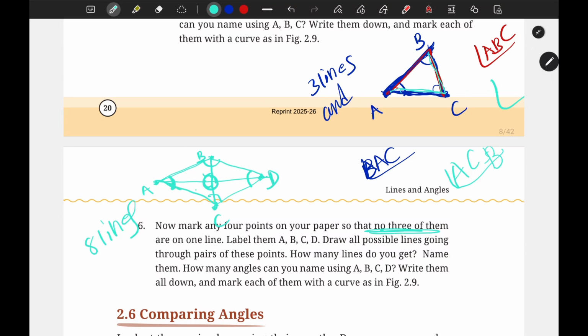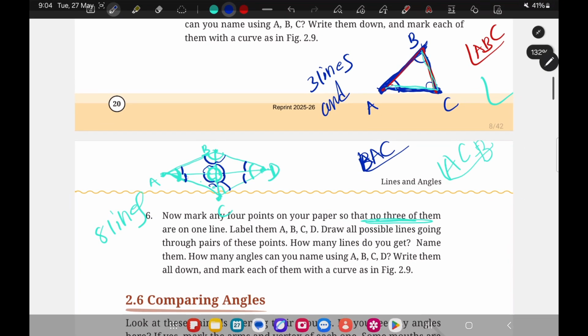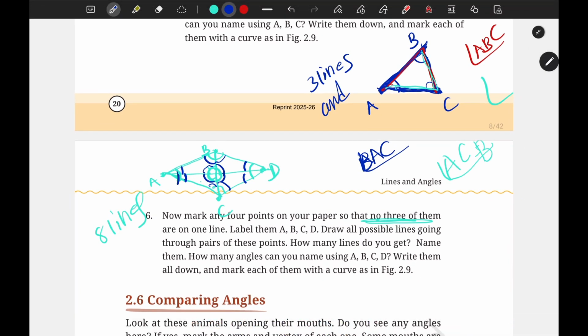The angles can also be here, and this is also one of the angles, and this one, and this one. So there are a lot of angles: 1, 2, and this complete thing is also a 3, 4, 5, 6, 7, 8, 9, 10, and this is also one of the angles.